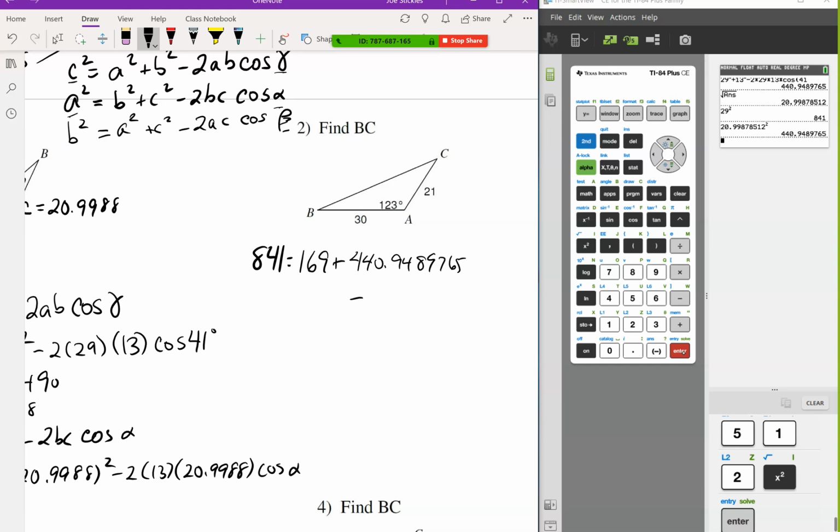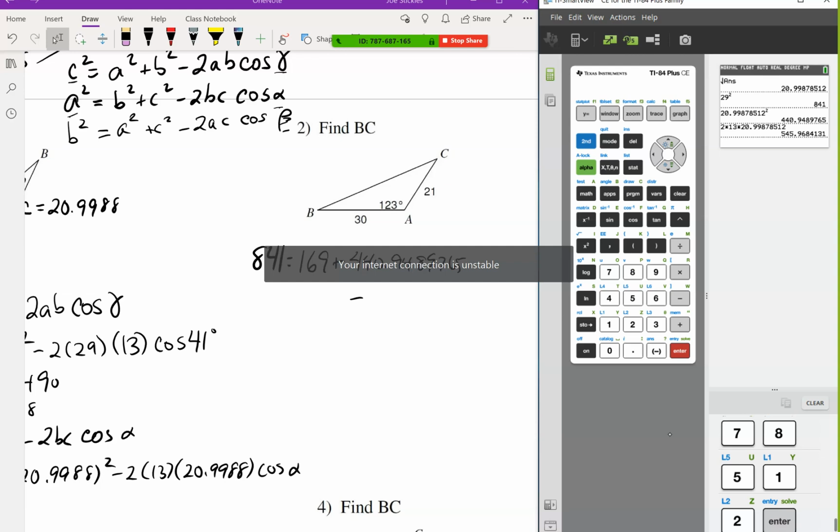And then if I do 2 times the B is 13, the C is the 20.99878512.